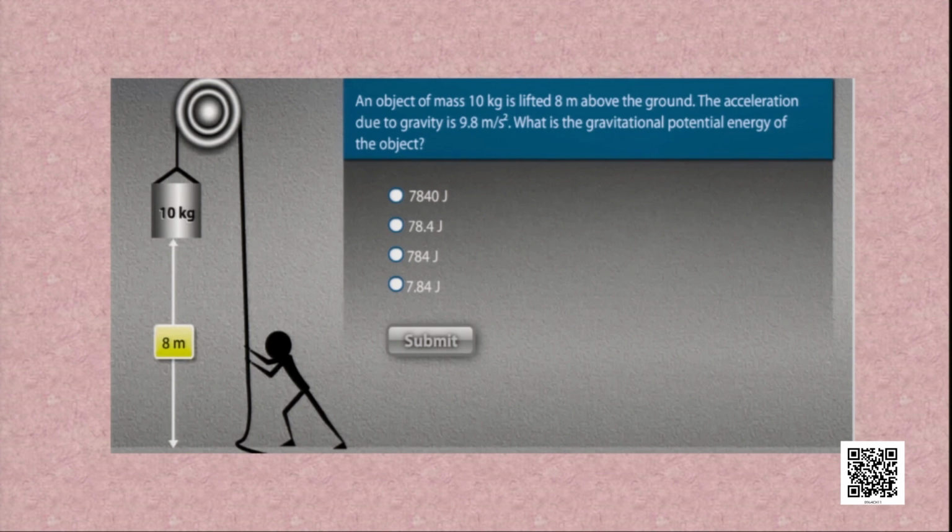The acceleration due to gravity is 9.8 meter per second square. What is the gravitational potential energy of the object? The options given to you: 7840 joule, 78.4 joule, 784 joule, or 7.84 joule.